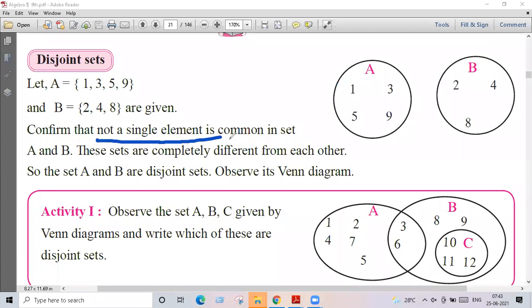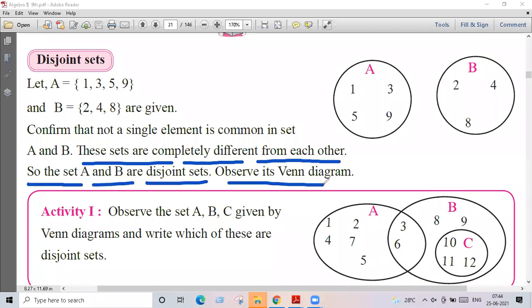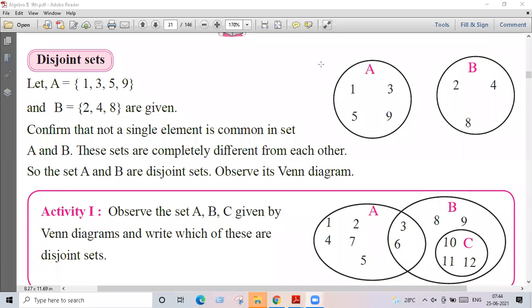Not a single element is common in sets A and B. Therefore, these types of sets are called disjoint sets. These sets are completely different from each other. So sets A and B are disjoint sets. You have to show two separate sets like this. There is nothing common here.